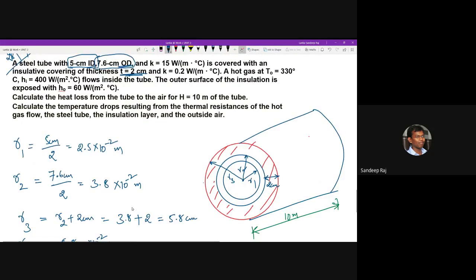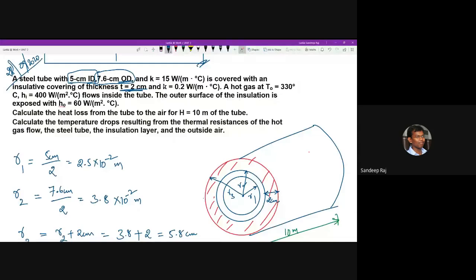And then what else has he given? He has given you the K value of the steel, and also the K value of the insulation, which is 0.2 watt per meter Kelvin. The hot gas temperature, that is the inside temperature, is 330 degrees centigrade inside this, and the outside there is air.